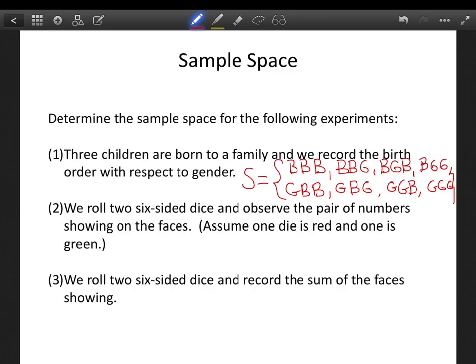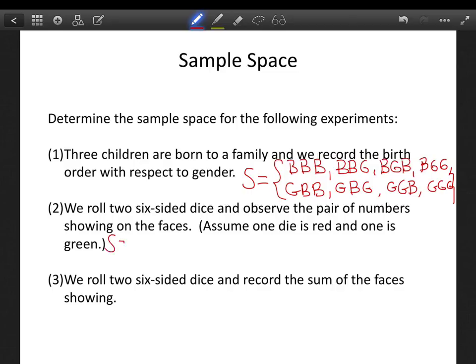What about if we roll 2 6-sided dice and observe the pair of numbers showing on the faces? So here think in terms of your slot diagrams to think of how big this would be. There are 6 possibilities for the first die and 6 for the second die, so we'll have 6 times 6 or 36 possible outcomes.